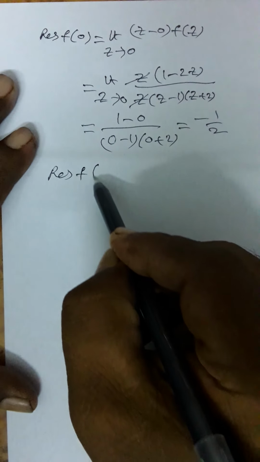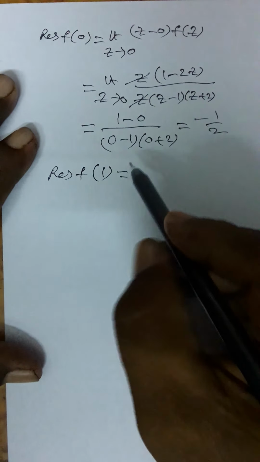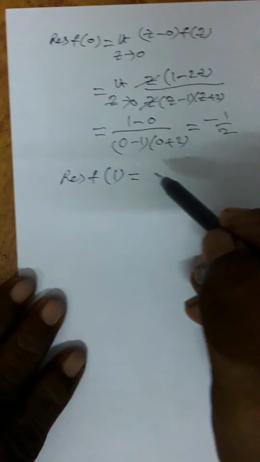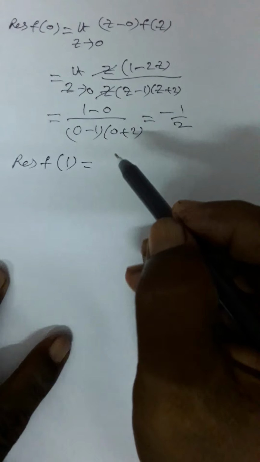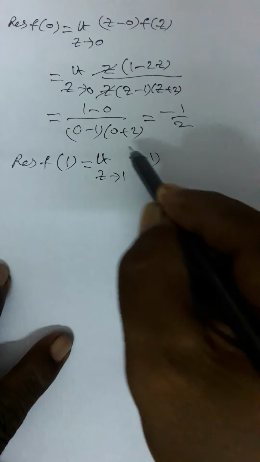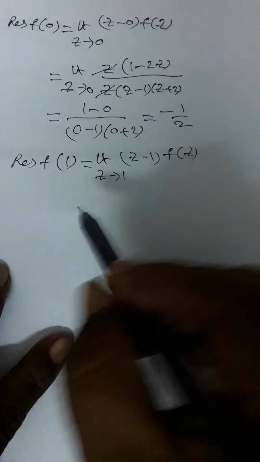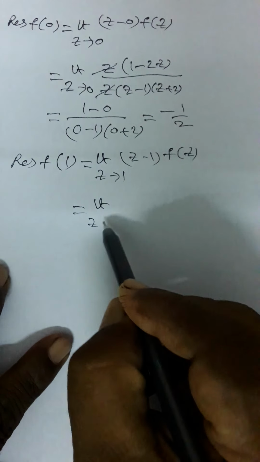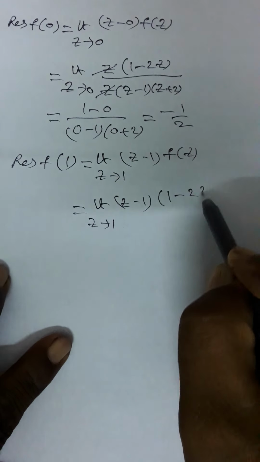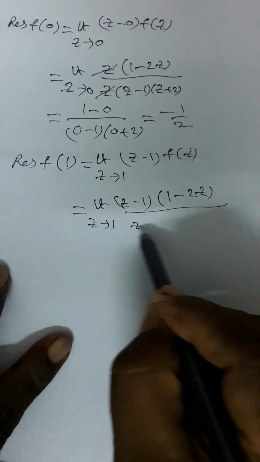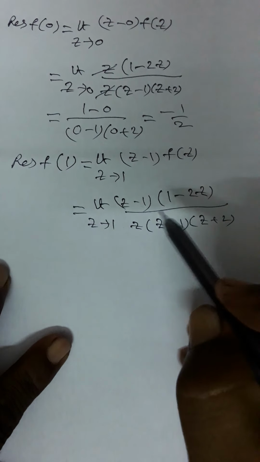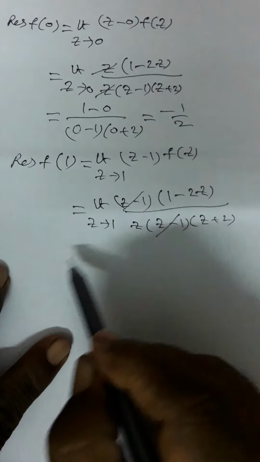Residue f of 1. Here a is 1. Use result 1, same result. Limit z tends to 1, (z minus 1) into f of z is equal to limit z tends to 1, (z minus 1) into (1 minus 2z) by z into (z minus 1) into (z plus 2). z minus 1 cancels.